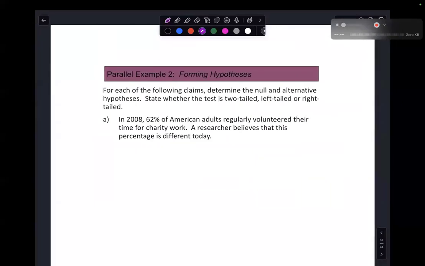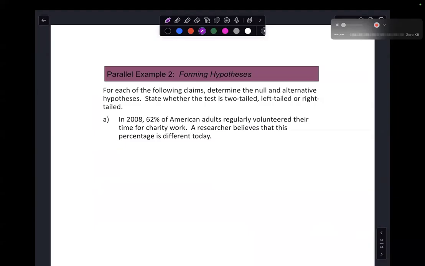All right. So we're going to write in our null and alternative hypothesis, and we're going to determine whether it's two-tailed, left-tailed, or right-tailed. So in 2008, 62% of American adults regularly volunteered their time for charity work. A researcher believes that this percent is different today. So my null hypothesis is always equal.